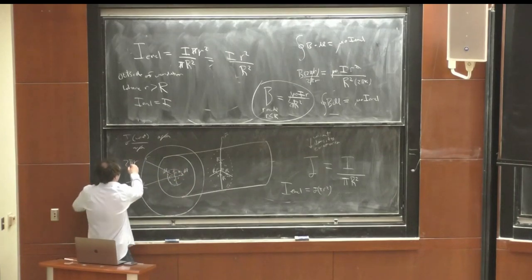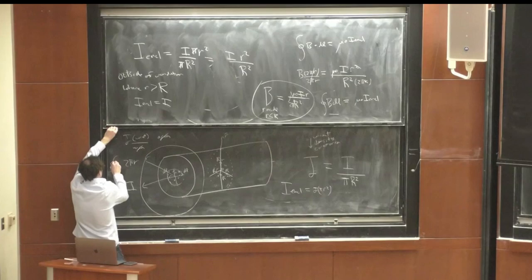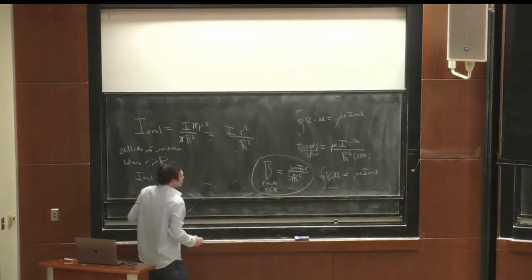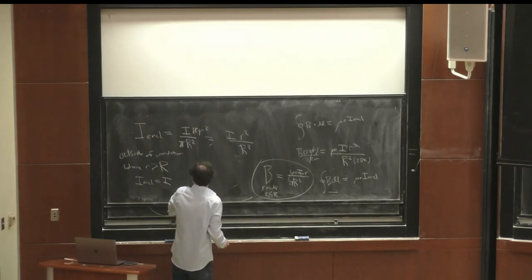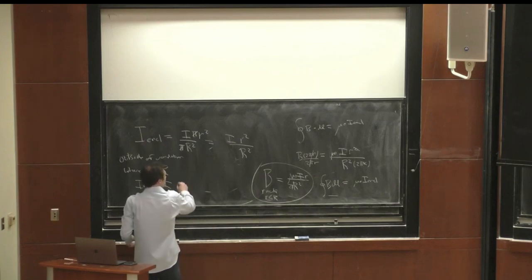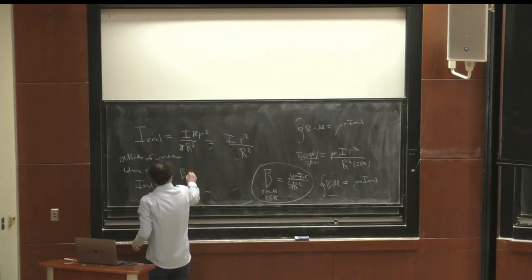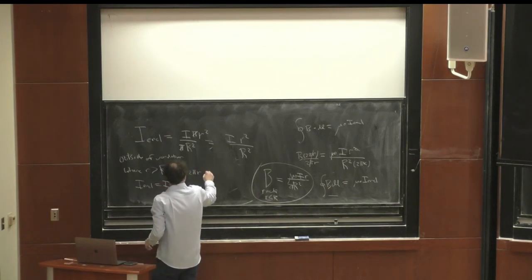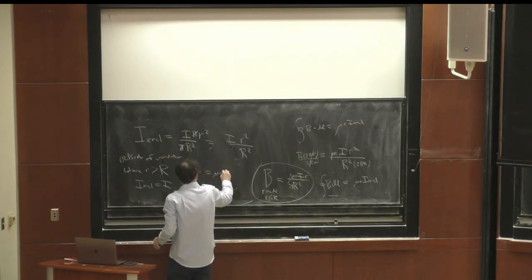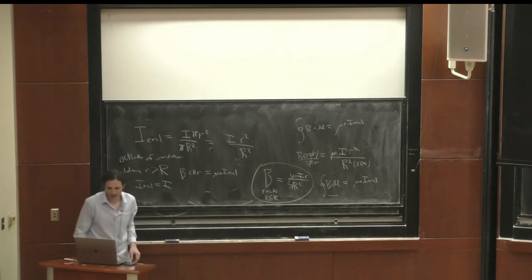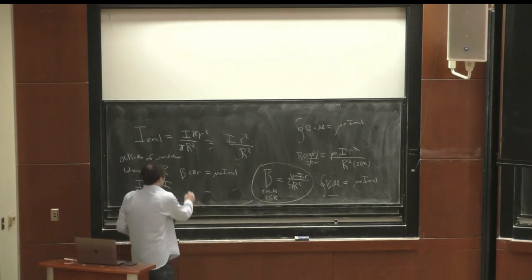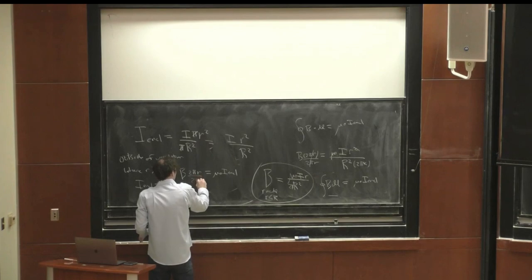That's my line integral of dl. So outside of the conductor, B times 2 pi r equals mu naught I enclosed. Then I just divide by 2 pi r.